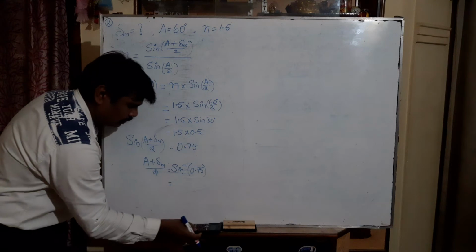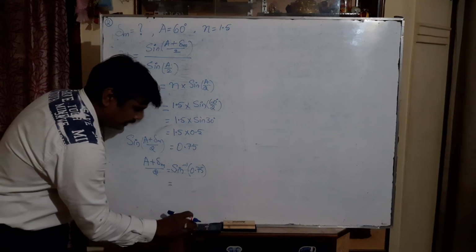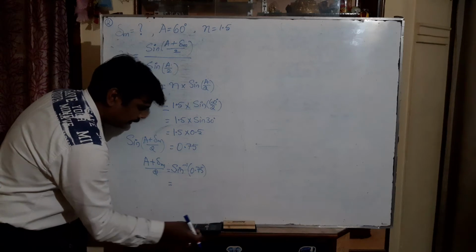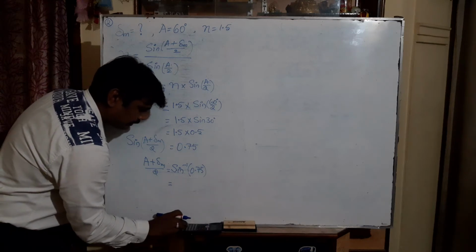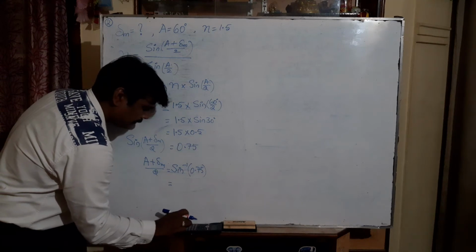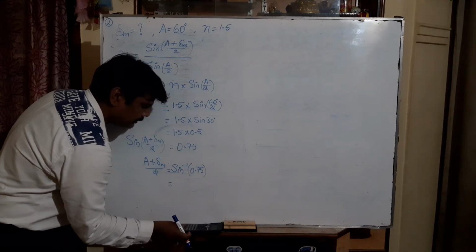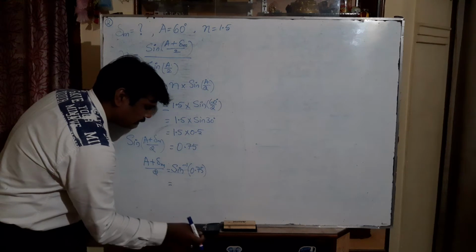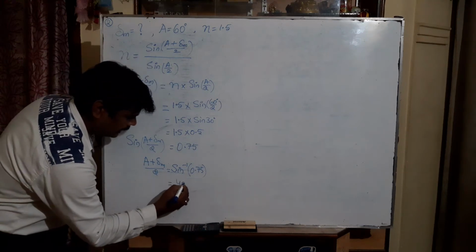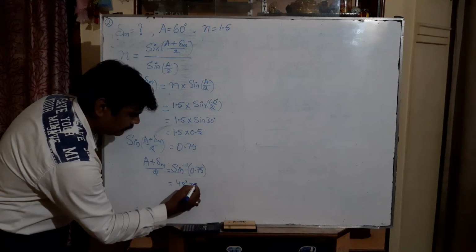So the value of sine inverse of 0.75 is 48 degree 35 minutes.